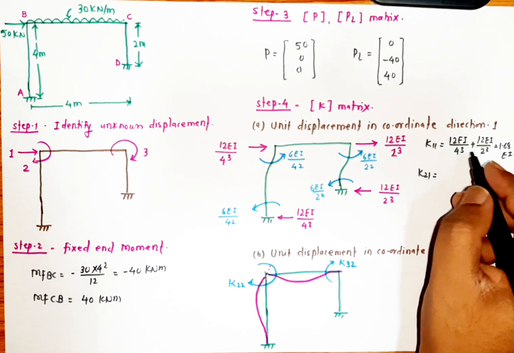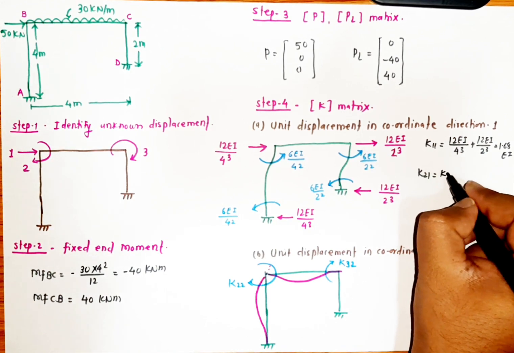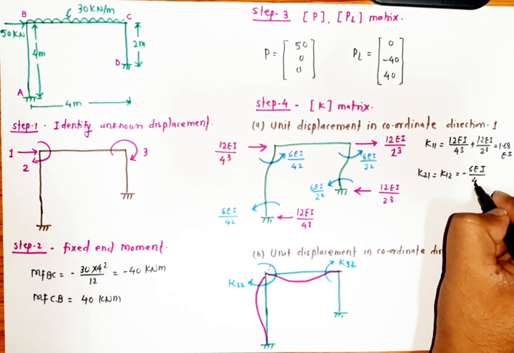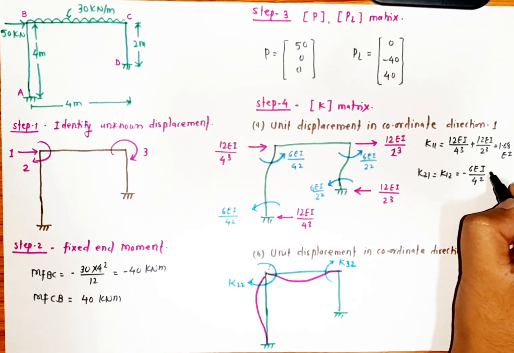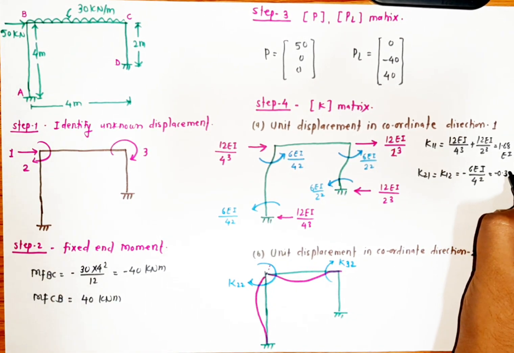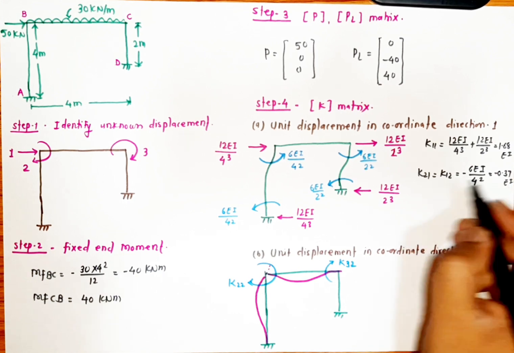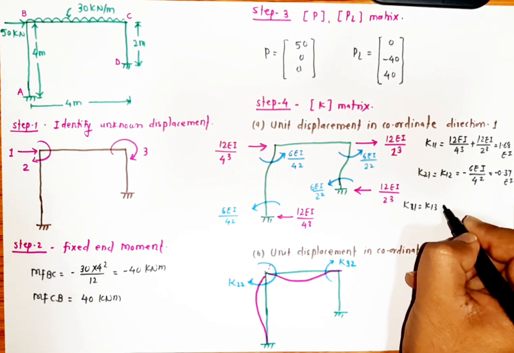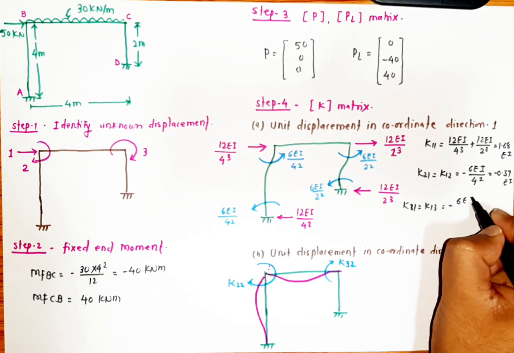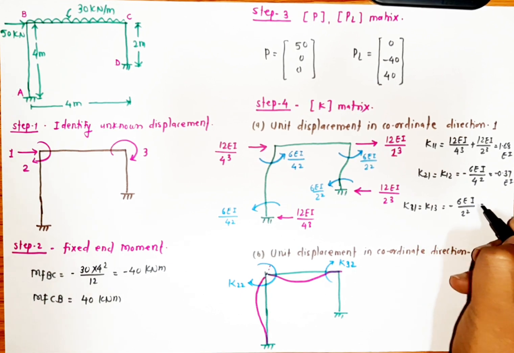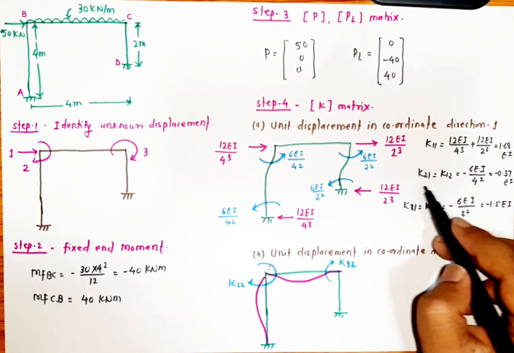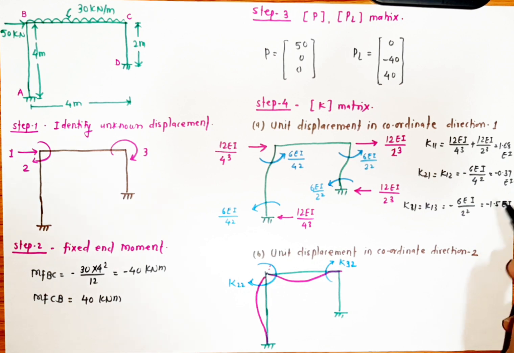Due to 1 there will be an effect along 2, that is K12, equal to minus 6 EI, this is anti-clockwise, divided by 4 square, that is nothing but minus 0.37 EI. Next is K31, that is K13, equal to minus 6 EI divided by 2 square, ultimately minus 1.5 EI. So K11 is 1.68 EI, K21 is minus 0.37 EI, and K31, that is K13, is equal to minus 1.5 EI.